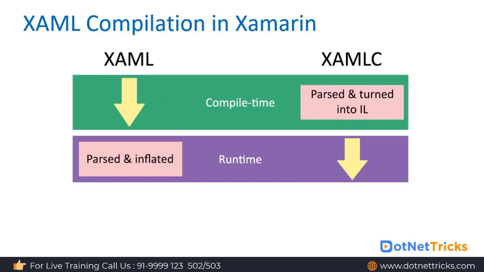Usually XAML will be converted and turned into IL at runtime. However, if you enable XAML compilation, it does things at compile time and lets you identify the errors. It also removes some of the load and instantiation time for XAML elements and helps you reduce the file size of the final assembly, which no longer includes the XAML files.